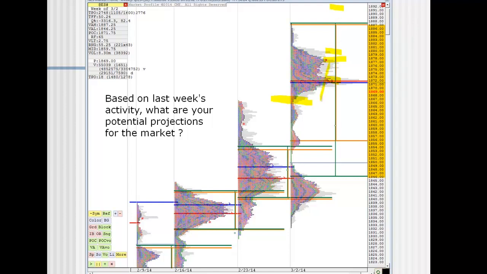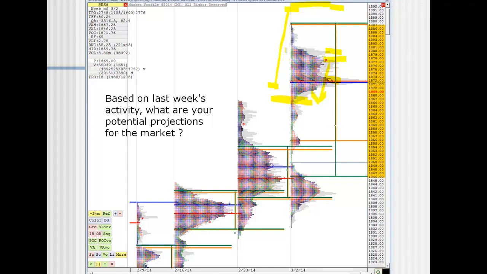We could be moving in this direction for a little bit for a retest, and then after that we may be pushing higher, and that range could span from here to here. If that's the case, I would reasonably say somewhere in the neighborhood of 35 points. It could of course be greater, it could be a little bit less, and that's just a projection.